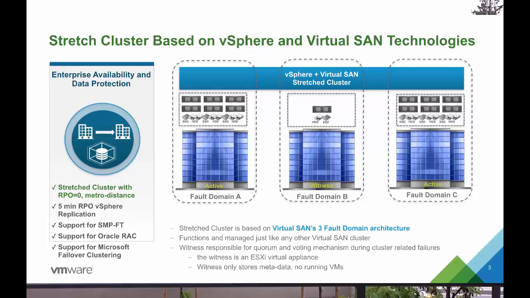There's going to be a witness appliance, and that witness is just an ESXi virtual appliance. And we'll talk about that in the next slide. But that virtual appliance is going to be responsible for quorum and voting in the event of a cluster-related failure.